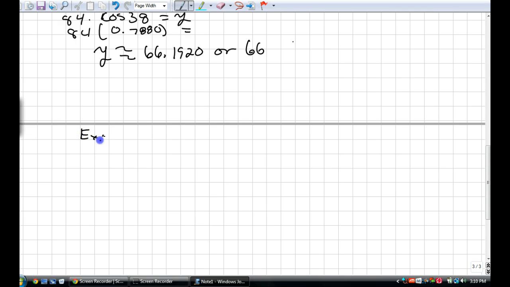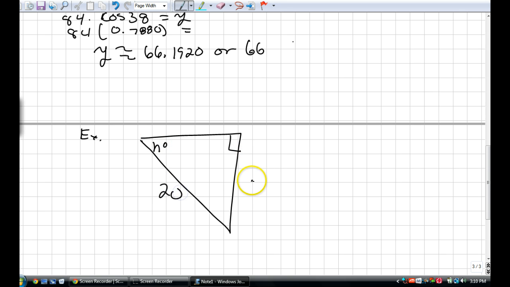So if I want to find the actual angle, for example, this is my right angle, this is n degrees, this is 20, and this is 12. In terms of this angle, I need to figure out which trig function I can use. I have the opposite, and I have the hypotenuse. So opposite and hypotenuse are sine.